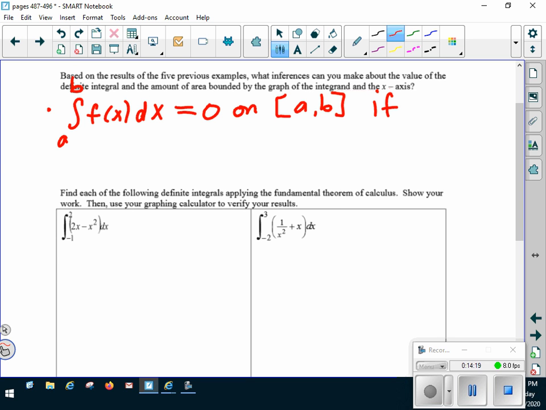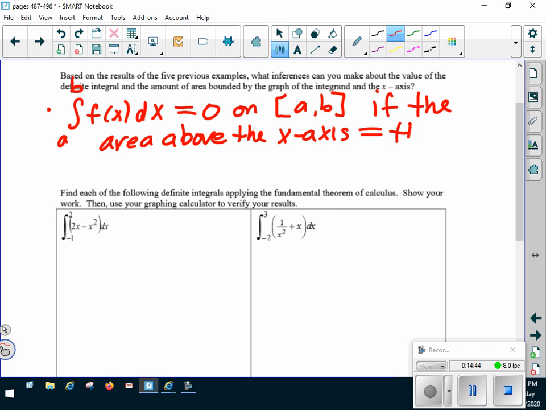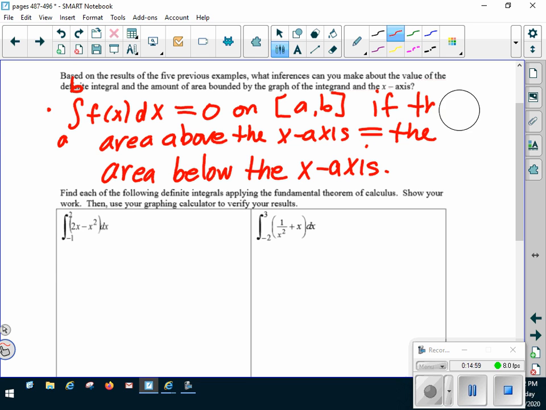That integral equals 0 on a to b if what? That's right. If the area above the x-axis equals the area below the x-axis. Next.